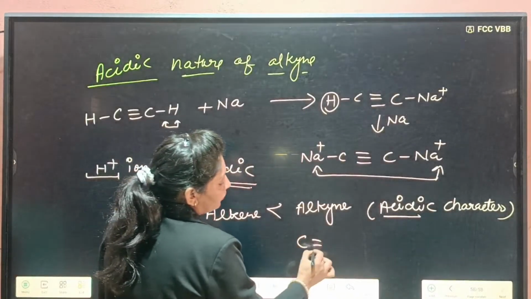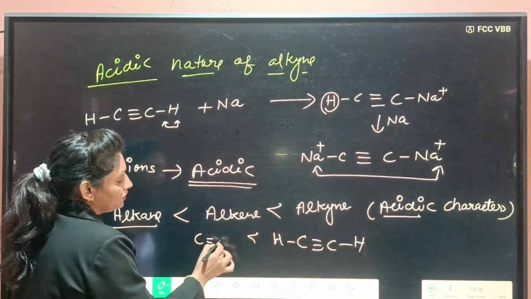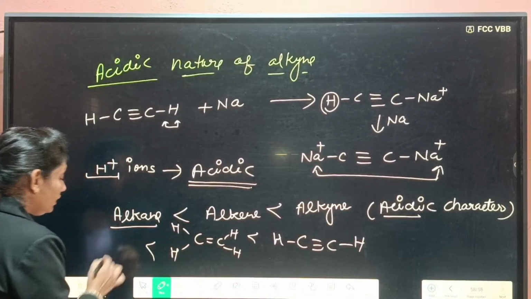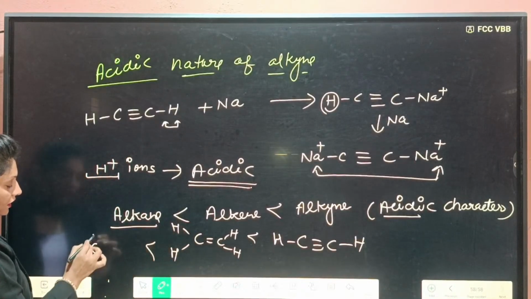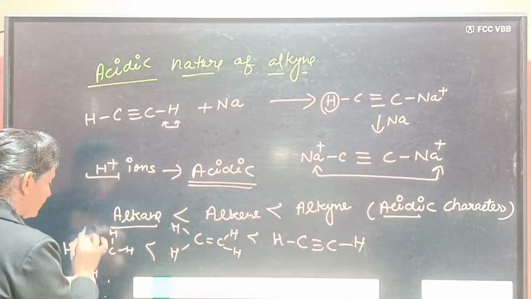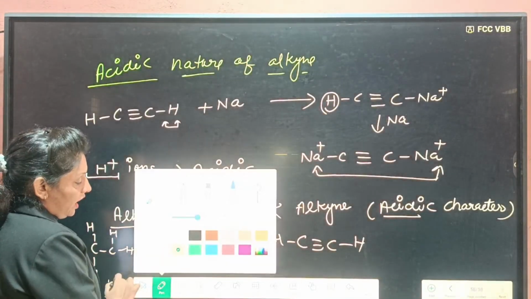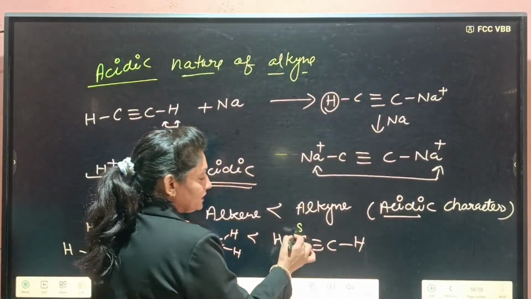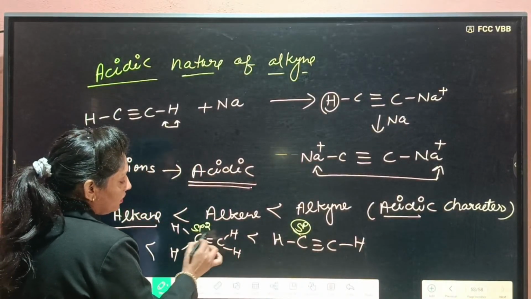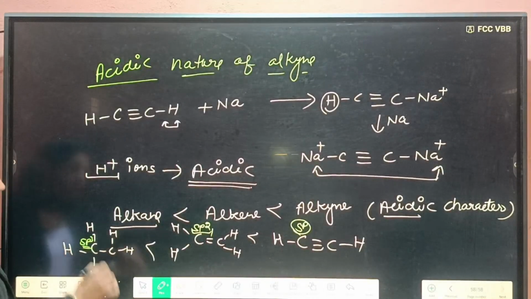Because in case of alkyne, there is a triple bond between carbon and carbon. In alkene it is double, and in alkane only a single bond. Then students, in case of alkyne, hybridization is sp. In case of alkene, hybridization is sp2, and in alkane sp3.